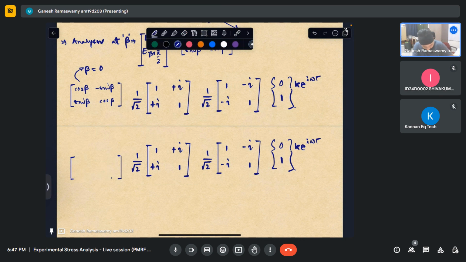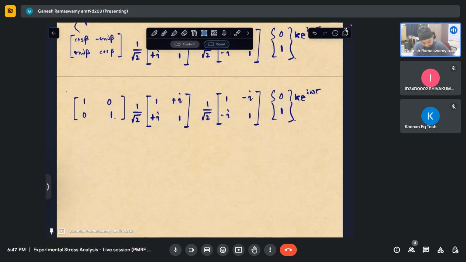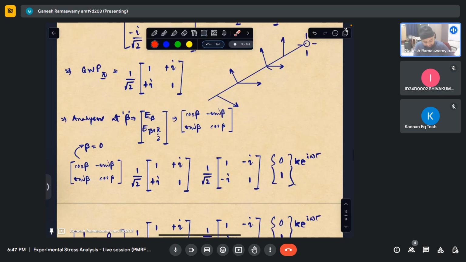Here I'll get 1, 0, 0, 1. Essentially this multiplication is going to give me a 2 by 1 vector, out of which I have to see the first component, because that is the intensity of light that is coming out of the analyzer.